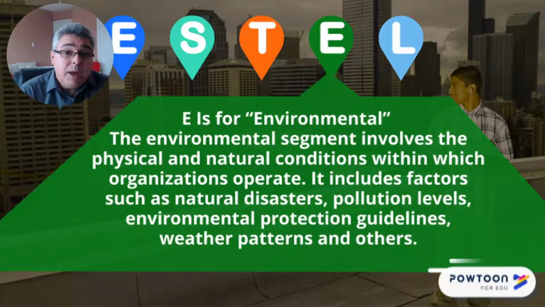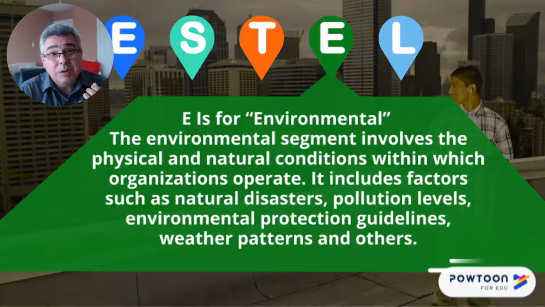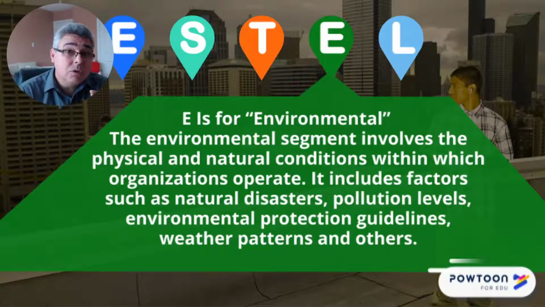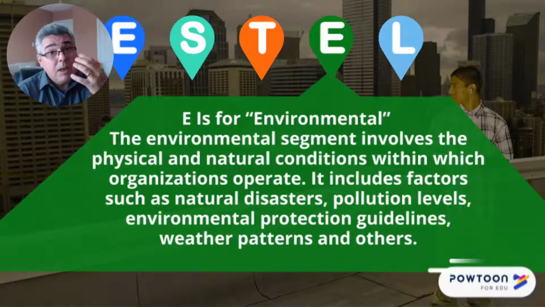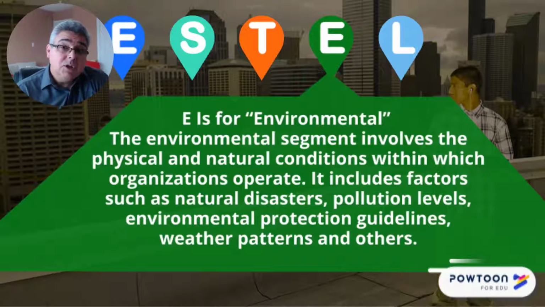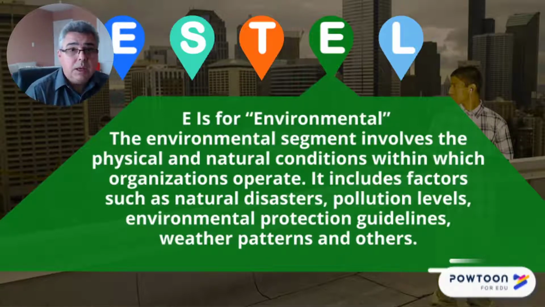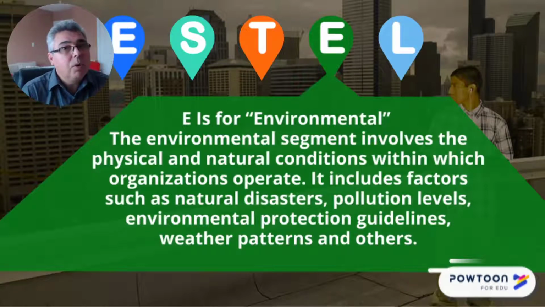The E for environmental is when we assess the region to see the conditions of the physical and natural environment. Depending on those conditions, you may have situations in which the company can get some benefits or not. So if you are in a region with a lot of natural disasters, hurricanes, earthquakes, that's problematic.